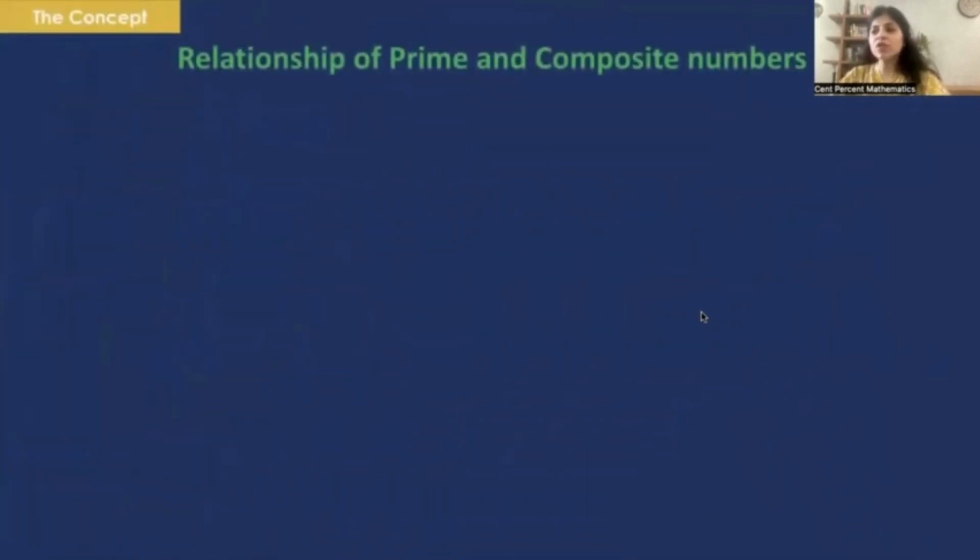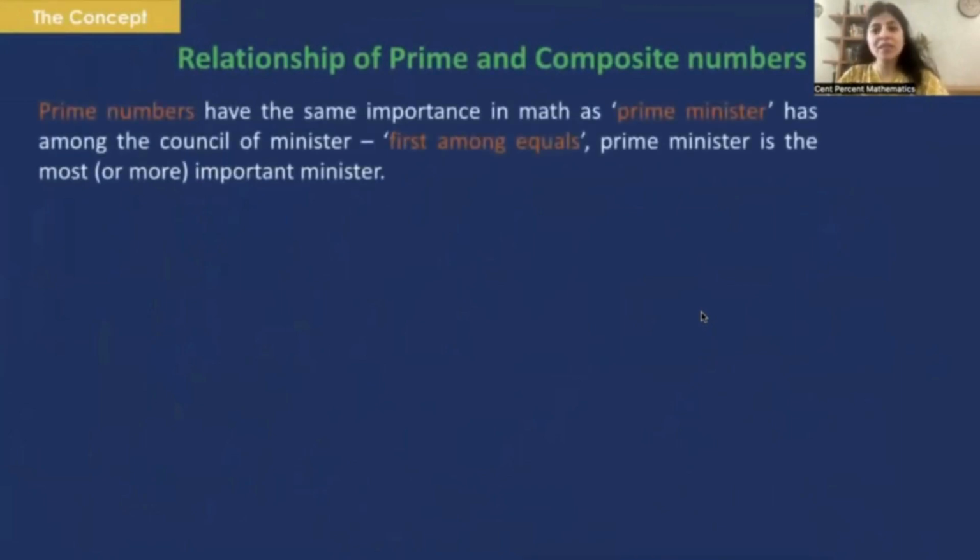And what is the relationship of prime and composite numbers? So the first thing which comes your way to understand prime numbers is that it is synonymous to Prime Minister. Why do we name him as the Prime Minister? Because he's among the Council of Ministers, the first or the most important person. So first among equals.